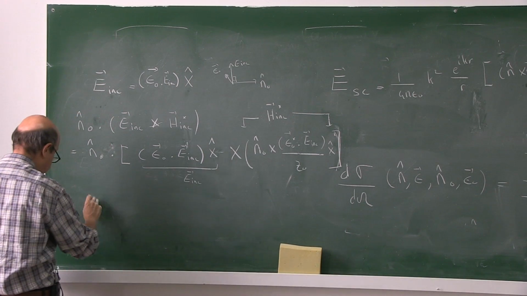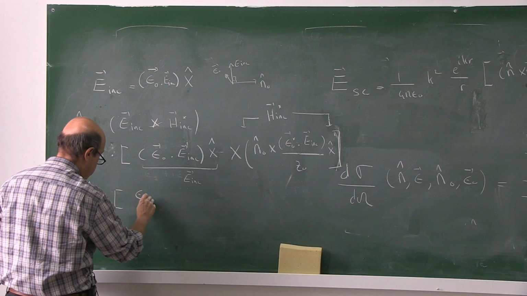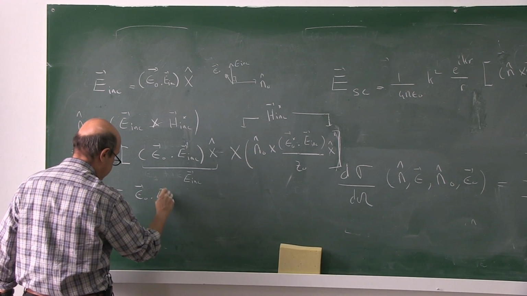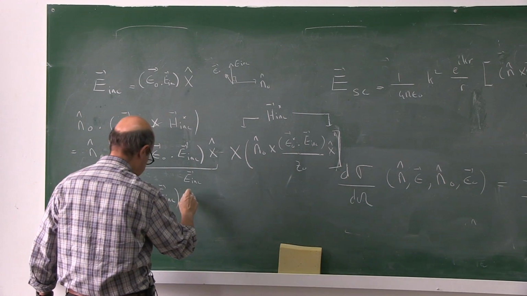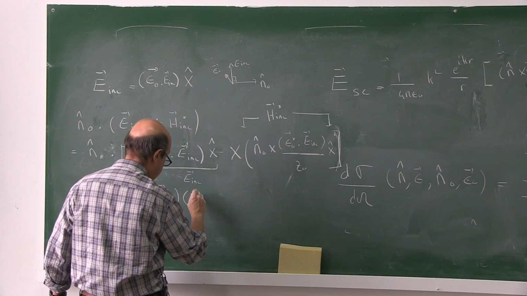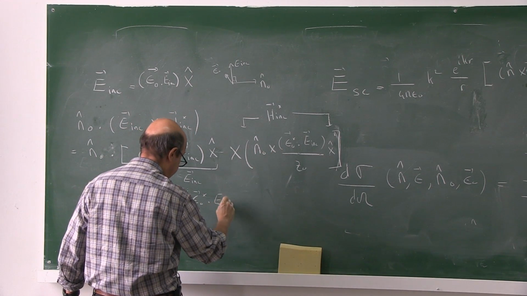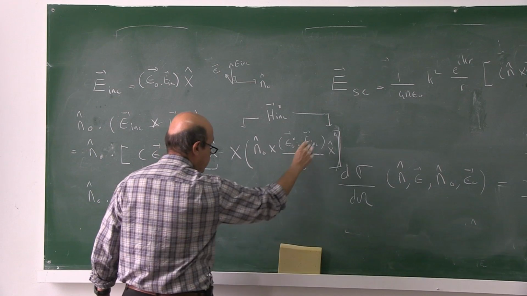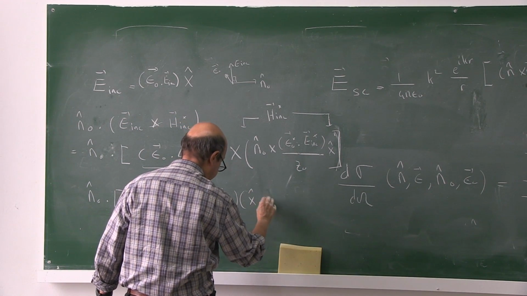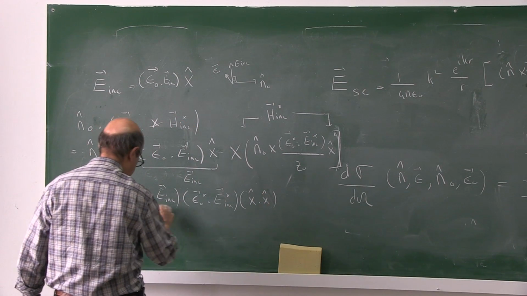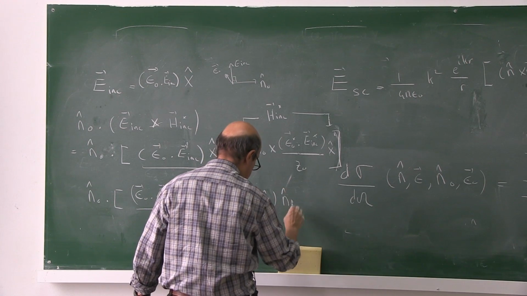So that first term will take n0 dot epsilon 0 E incident dot times E0 complex conjugate, E incident complex conjugate, x dot x, divided by Z0 along n0. That will be the first term.